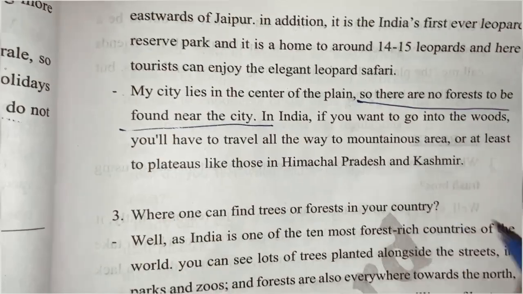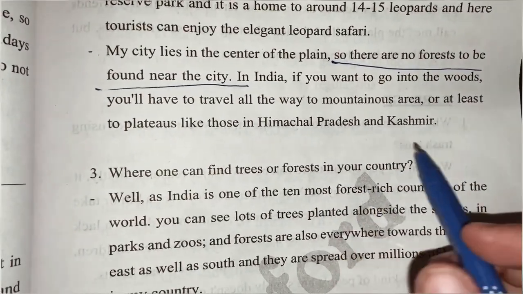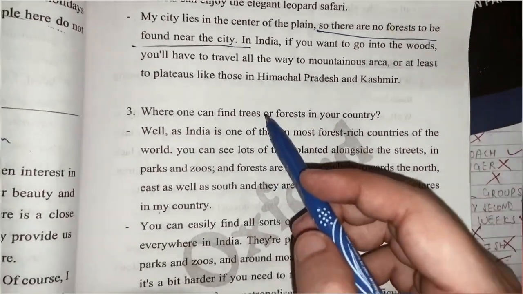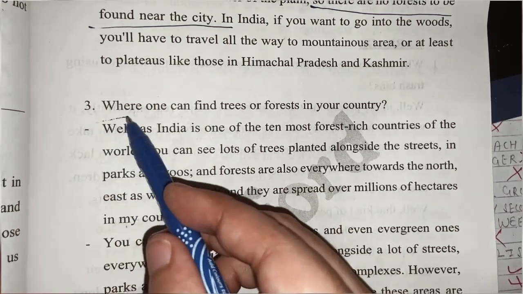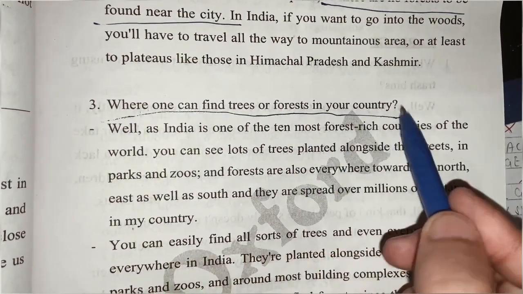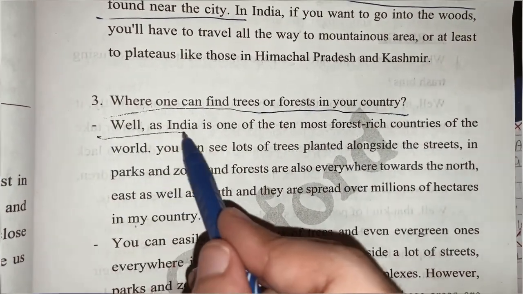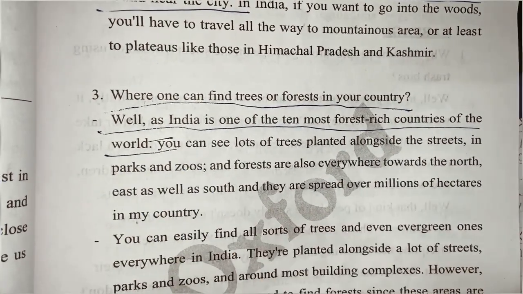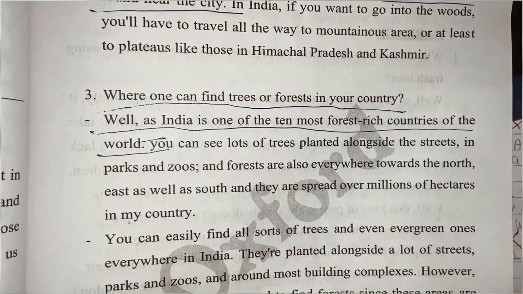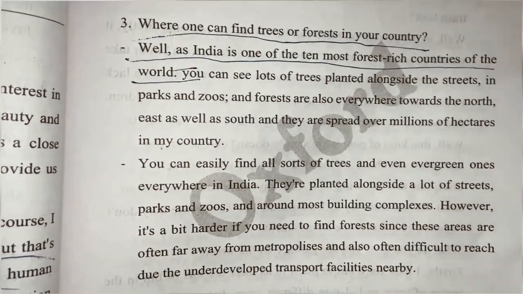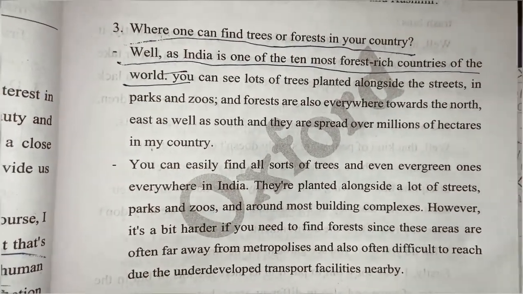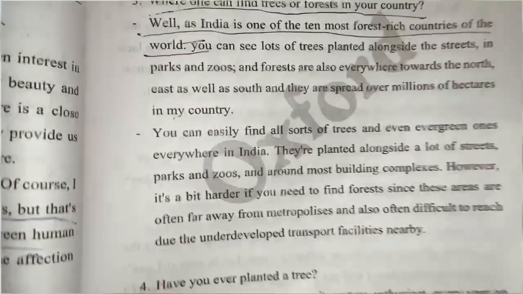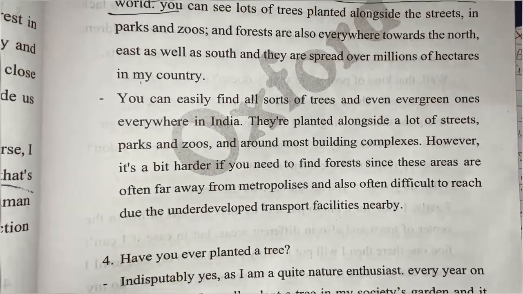My city lies in the center of the plain, so there are no forests to be found near the city. In India, if you want to go to the woods, you will have to travel all the way to mountain areas, or at least to plateaus like those in Himachal and Kashmir. Where can you find trees or forests in a country? So India is one of the 10 richest countries of the world. So you can see a lot of trees planted alongside the street.